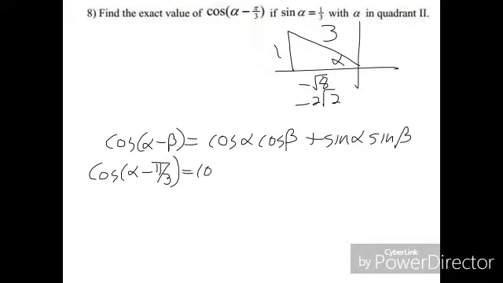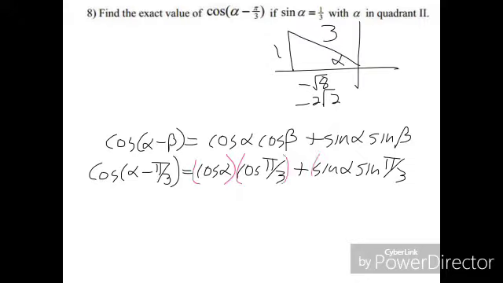That would be cosine alpha cosine pi thirds plus sine alpha sine pi thirds.